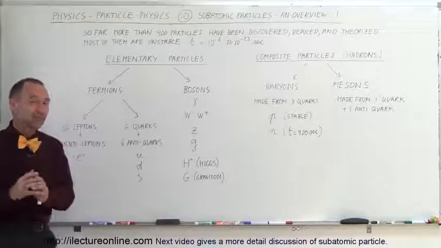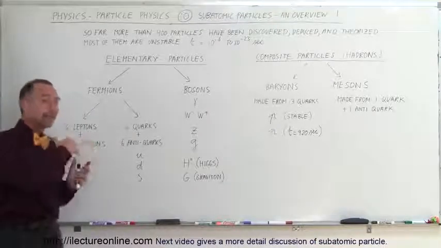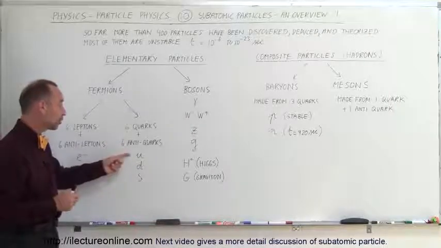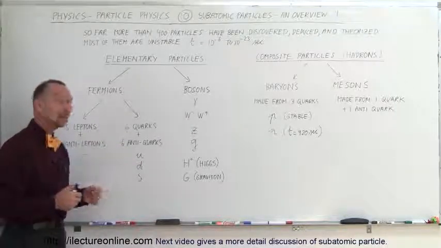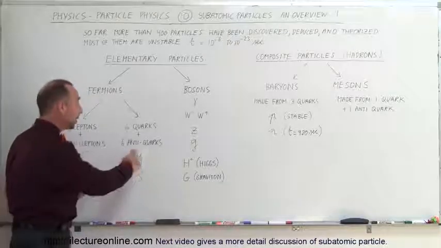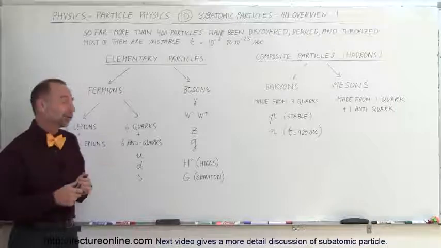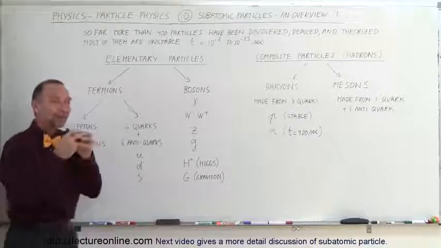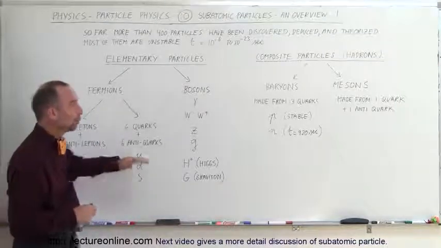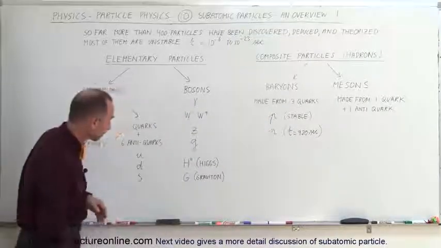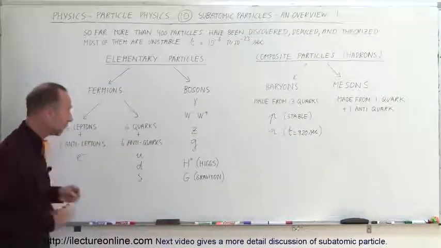There are 6 different kinds of quarks and 6 antiquarks associated with them. The 3 most famous quarks are the up quark, the down quark, and the strange quark. Up and down quarks in certain configurations will form the very famous particles, protons and neutrons, that everybody is familiar with, and we'll see later on how that happens.